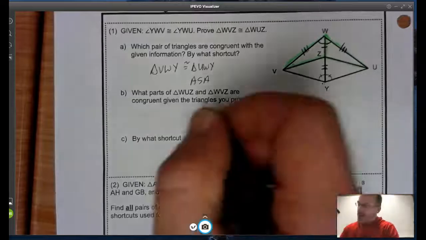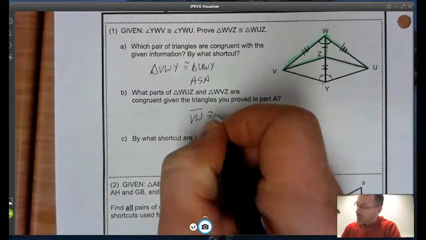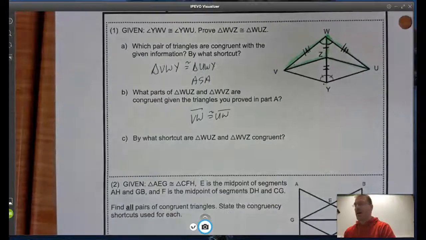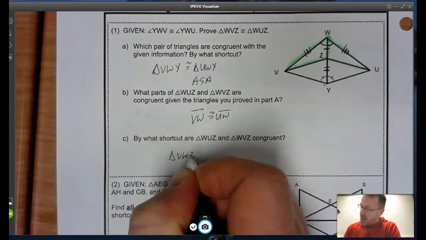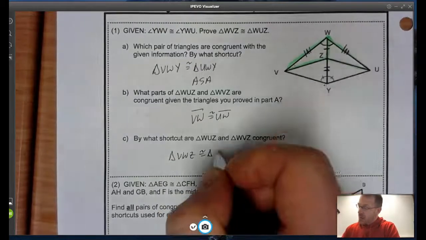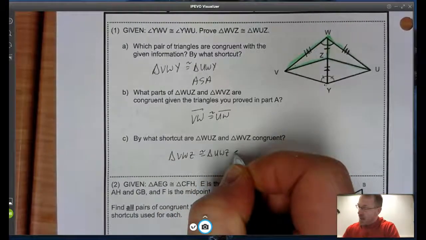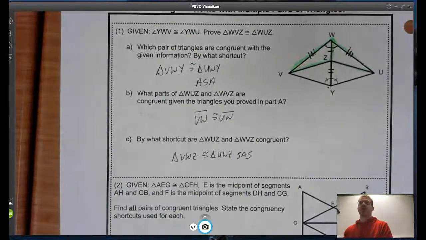So I know that VW is congruent to UW, and that helps me because now I know that triangle VWZ is congruent to triangle UWZ by side, angle, side. I apologize for misreading that at the start, but hopefully that didn't throw you off too much. You finish up this lesson, and I will see you next time.